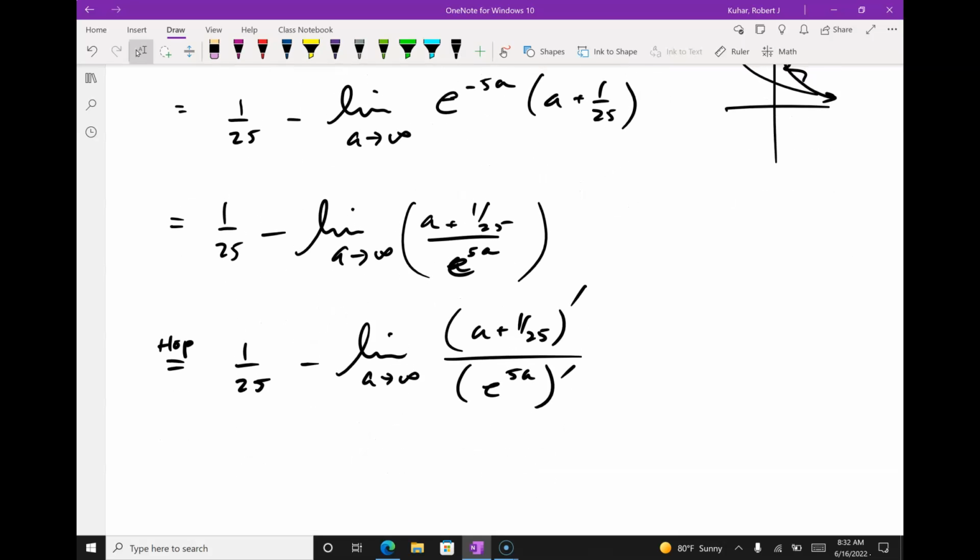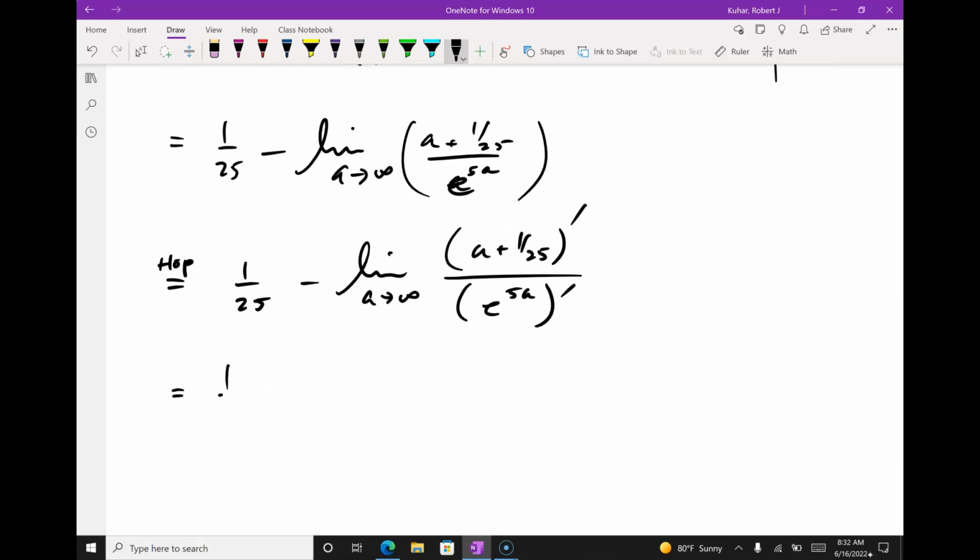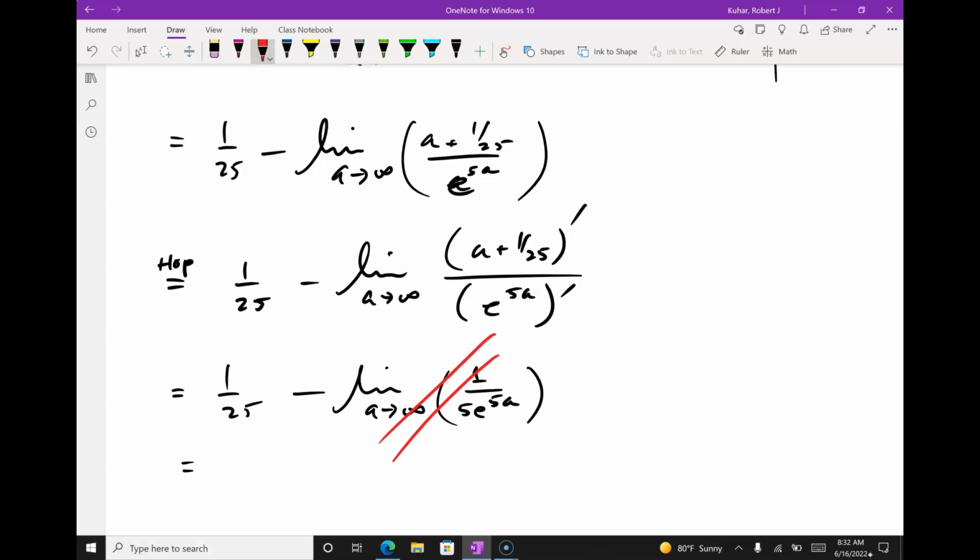I ask my students to write that in Calc 1. I don't care if you write that now. You can just go right to your derivative, right? So what do I get? 1 over 5 e to the 5a. Well, now the downstairs is going to infinity. 1 divided by infinity is going to 0, right? So there it is. So this piece is 0.